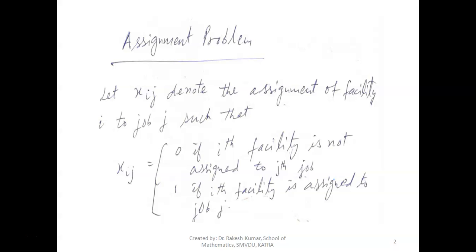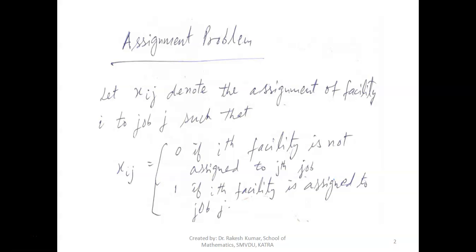So here we treat all the supplies at different supply centers as one, and all the demands as one. So the assignment problem becomes a special case of the transportation problem.